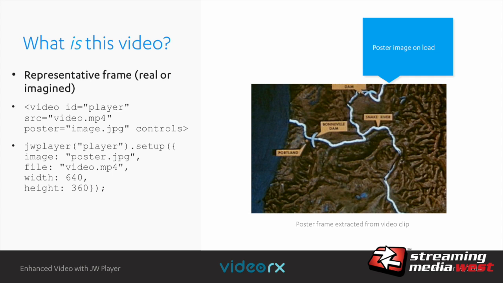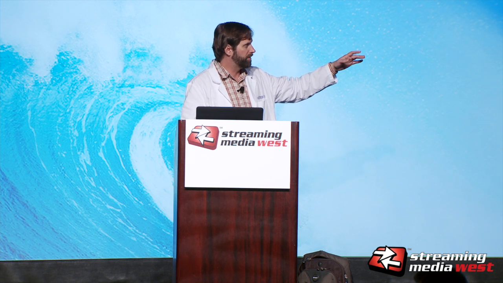It's something you can do pretty easily just with the HTML5 video tag. JW Player makes it all pretty transparent and consistent across Flash and HTML5 by just using its initiator to do that. It can be whatever you want, any file format that browsers or Flash support. Flash and browsers pretty much support the same things: PNG files, GIF files, JPEG. The only weird thing with JW Player is that they call it image.